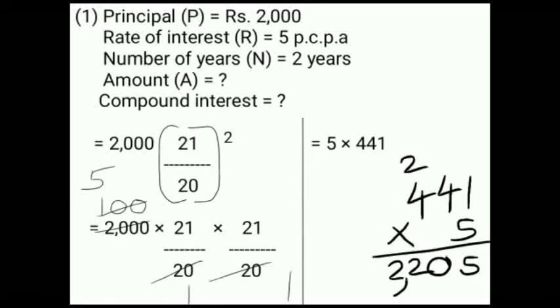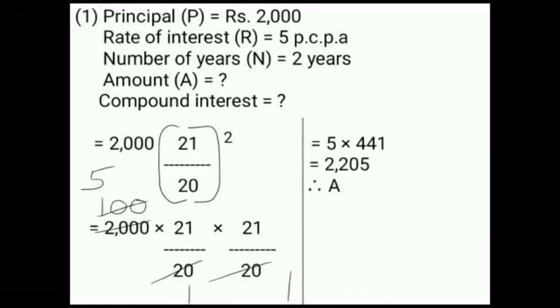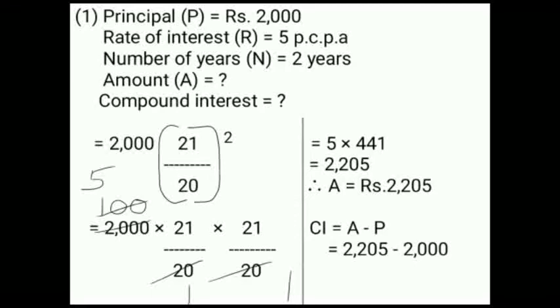I got the answer. After multiplying 441 into 5, the answer is 2205. Therefore, amount is equal to rupees 2205. Now you have to find compound interest. The formula of compound interest is amount minus principal. Amount you got is rupees 2205. That is equal to 2205 minus principal 2000.